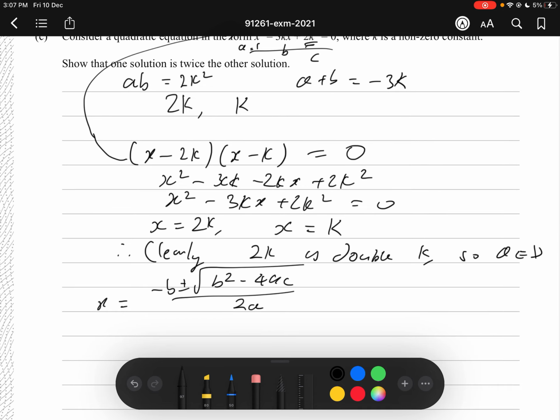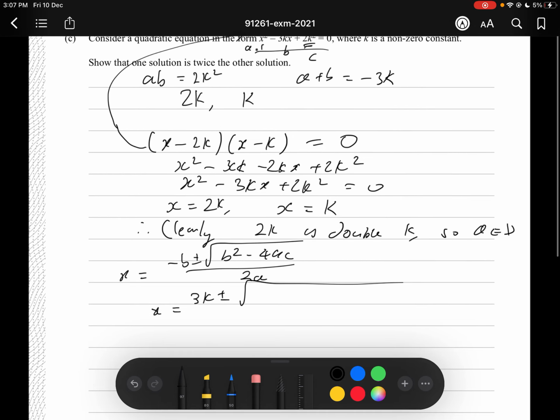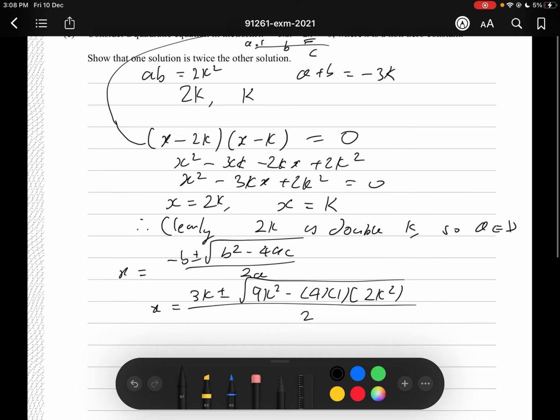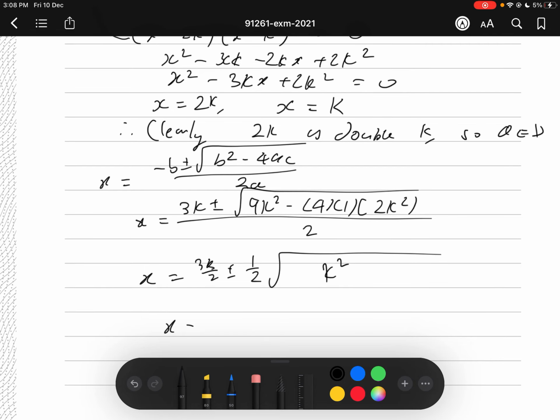In this case, x equals negative b, which is positive 3k, plus or minus the square root of b squared, which is negative 3k whole thing squared, which is 9k squared, minus 4 times a, which is 1, times c, which is 2k squared, all over 2a, which is 2. So x equals 3k over 2 plus or minus 1/2 of the square root of 9k squared minus 8k squared, which is just k squared.